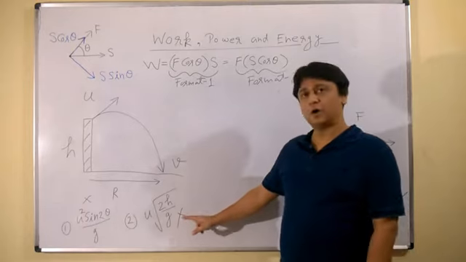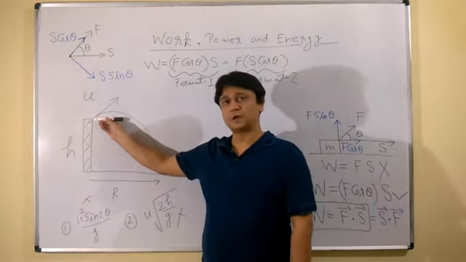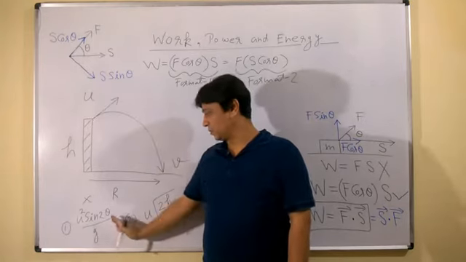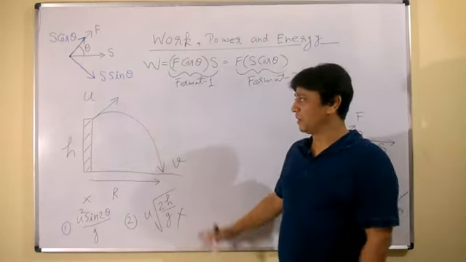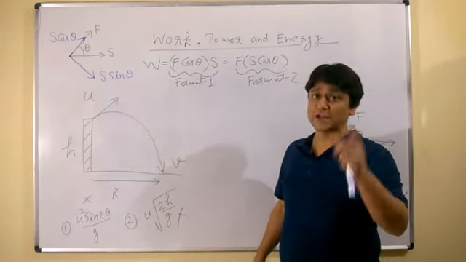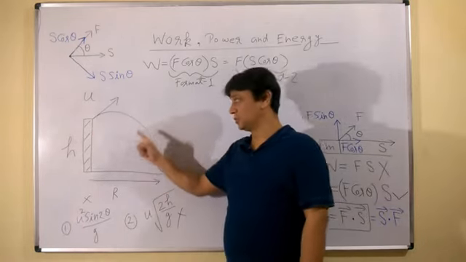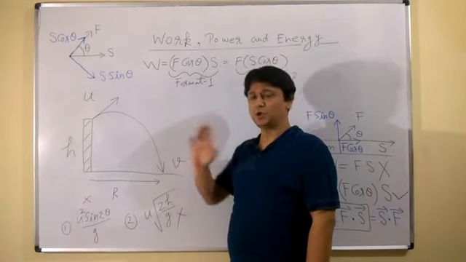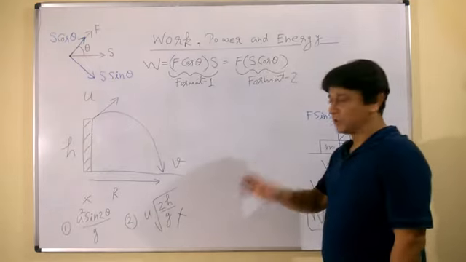This is used for horizontal projection from a given height. It's not a horizontal projection. And therefore, neither this nor this. And how do you find range? Using trajectory equation. यहाँ के कोऑर्डिनेट पता है 0, 0. यहाँ के कोऑर्डिनेट पता है r, minus h. You put these coordinates in trajectory equation and you get the answer.